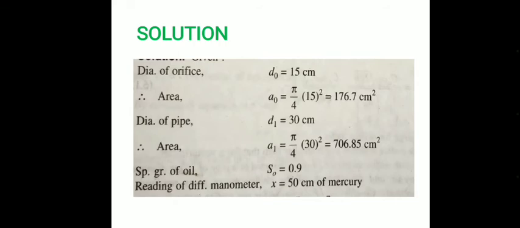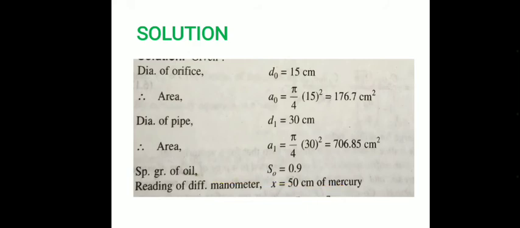Then moving on to the diameter of the pipe. The diameter of the pipe D1 is given as 30 centimeters. From this diameter we will find the area of the pipe. A1 is equal to pi by 4 into D1 square, which gives the area of the pipe as 706.85 centimeter squared.